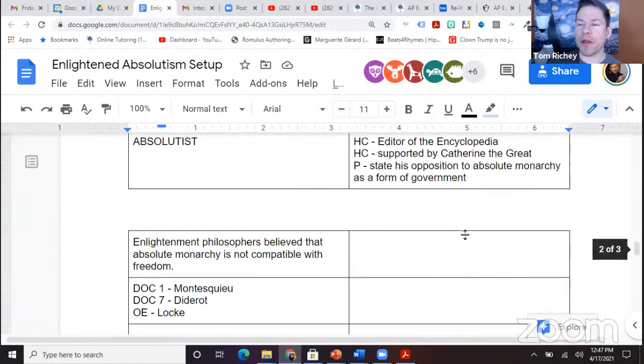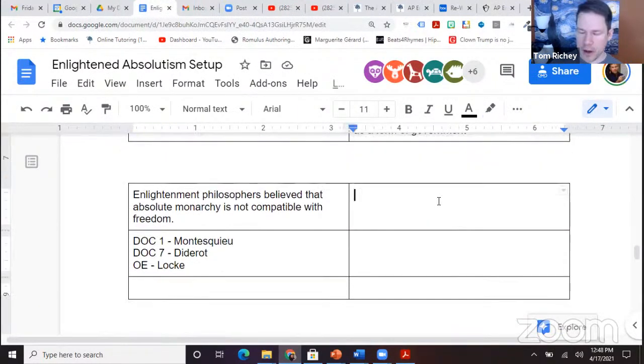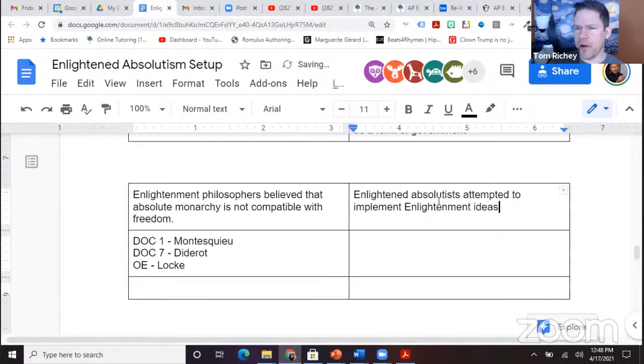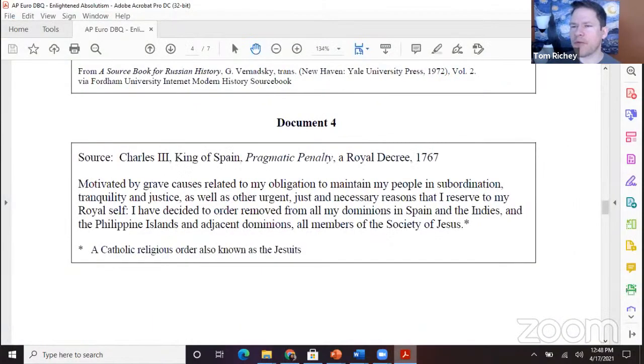And so as far as this goes, we're going to note here that enlightened absolutists attempted to implement Enlightenment ideas. So what we're going to see here is that we saw, I believe that was document 4, and that was the King of Spain, Charles III of Spain.